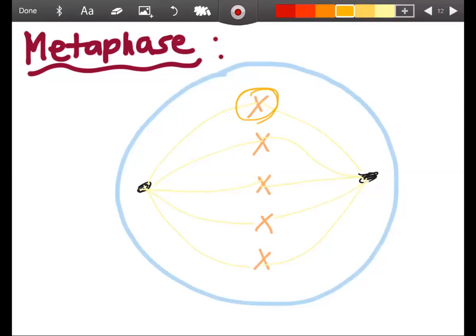So let's say that I blew up this image of the chromosome. It would kind of look like this. This is the chromosome. And then this would be two sister chromatids. So each of these is going to essentially be connected to separate spindle fibers.